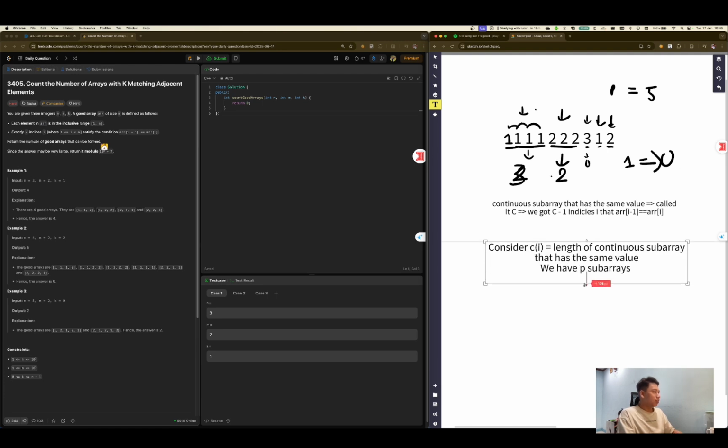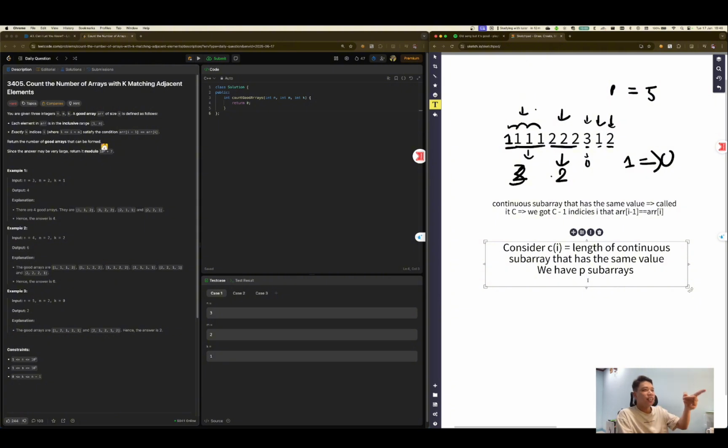So we will get something like this. The k here is the number of indices that satisfy the condition. It must be the sum over i from 1 to p of c_i minus 1.